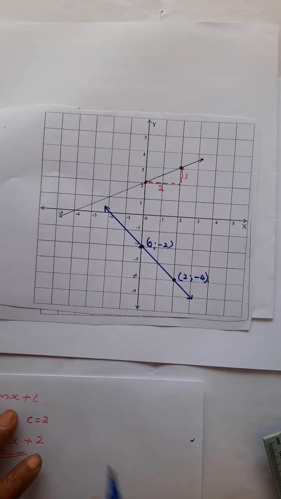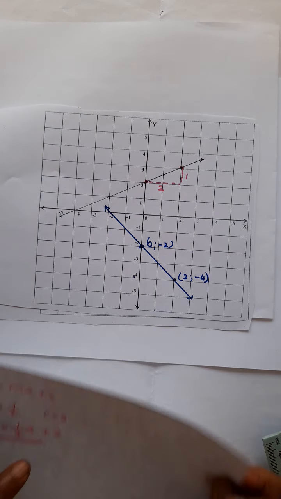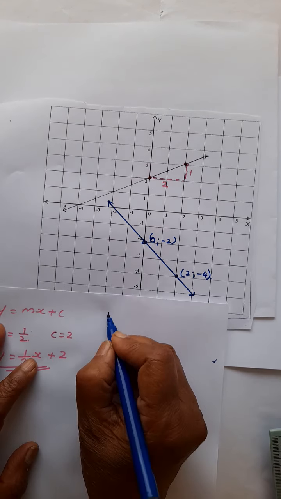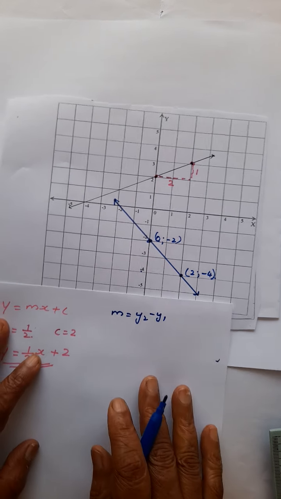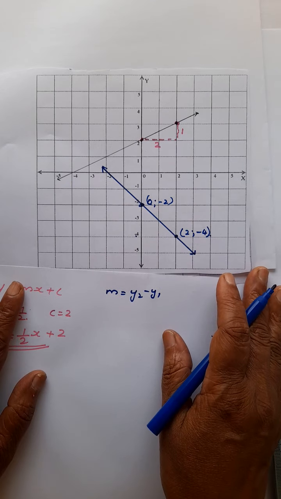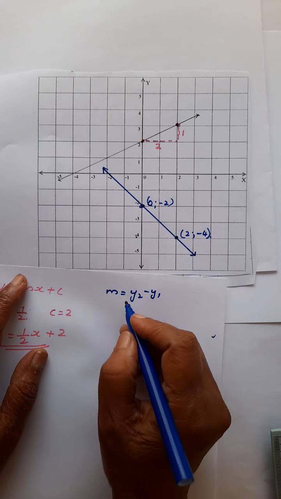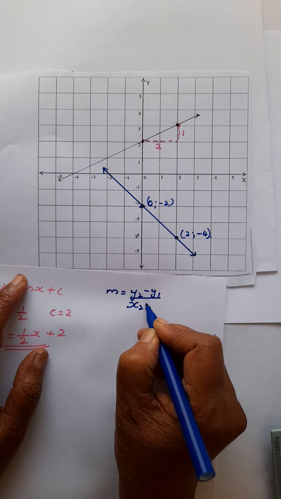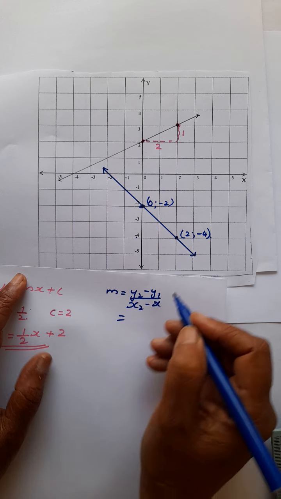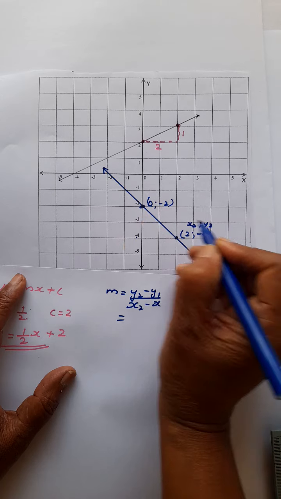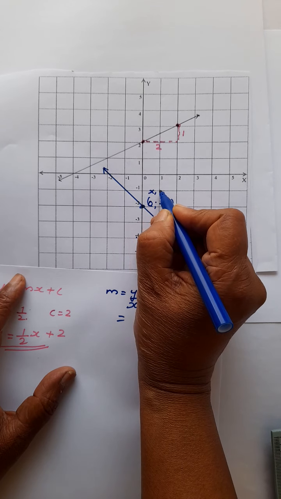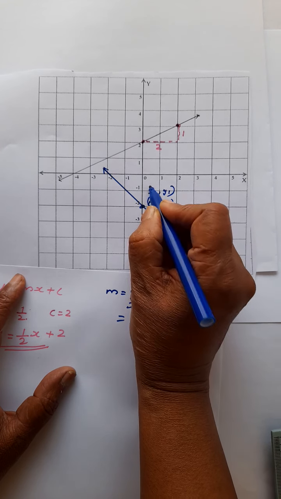Let's find the gradient using the formula. m is equal to y2 minus y1 over x2 minus x1. So let's call this one x2, y2, and the first one x1, y1.